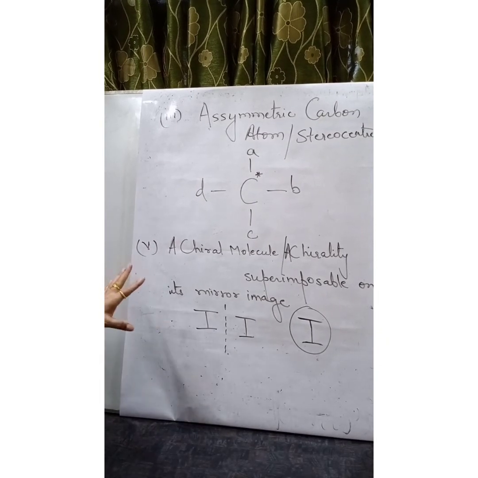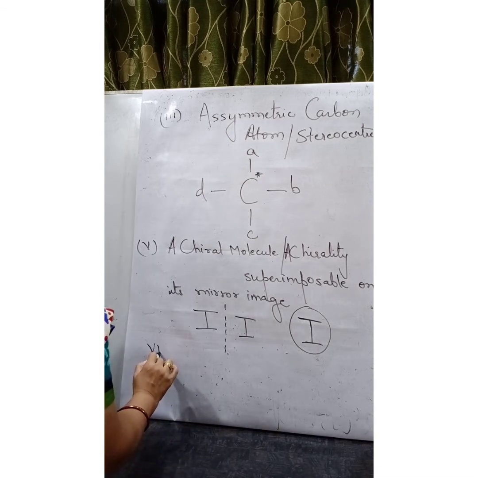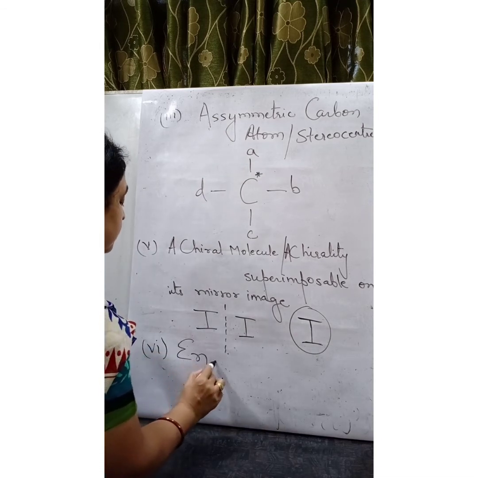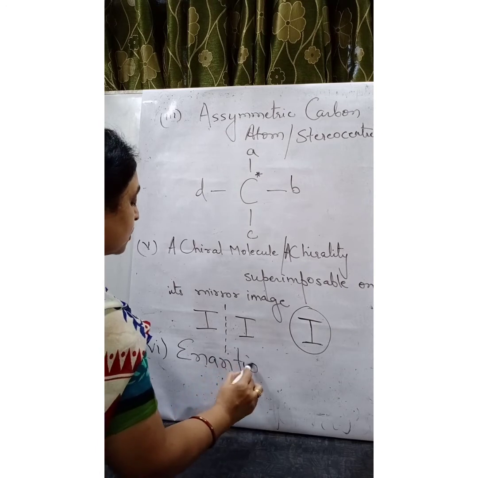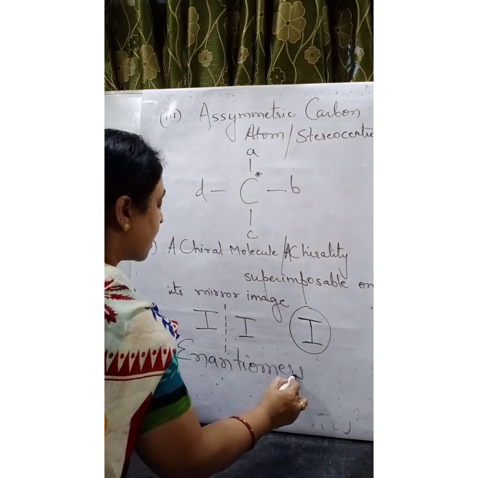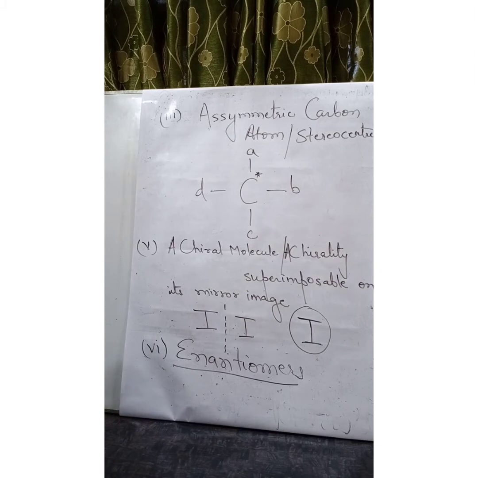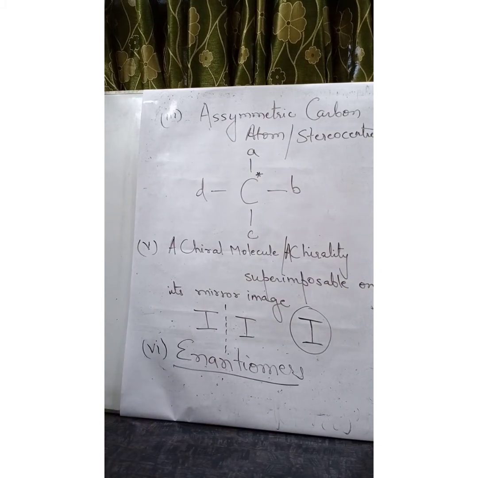Hence the stereoisomers which are non-superimposable on the mirror image are called enantiomers. So enantiomers are nothing but non-superimposable mirror images.